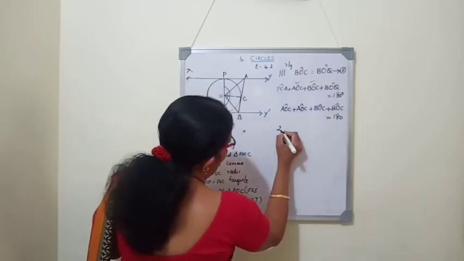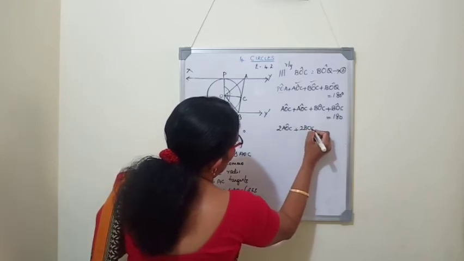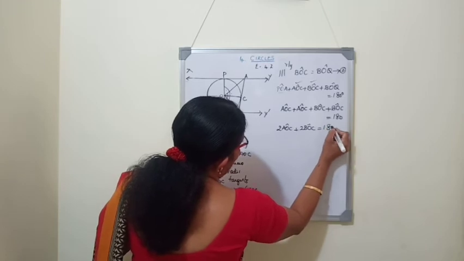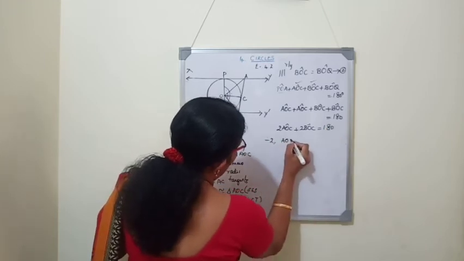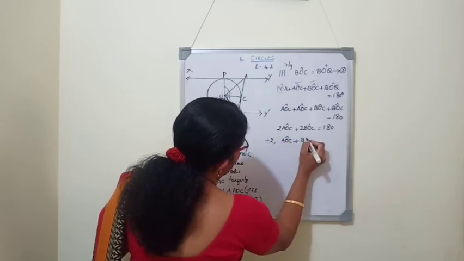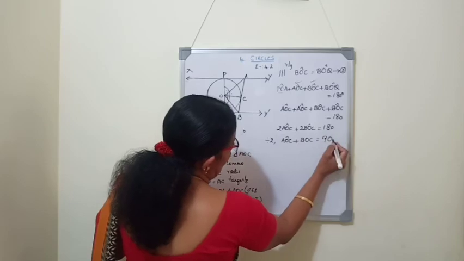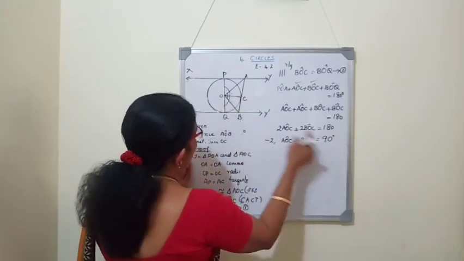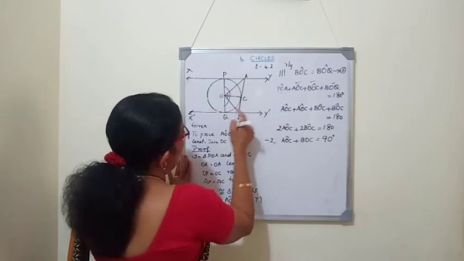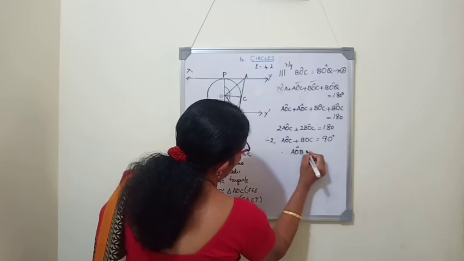AOC plus AOC will become 2 AOC, plus 2 BOC is equal to 180 degrees. Throughout you will divide by 2, we will get AOC plus BOC is equal to 90 degrees. Or you take common and divide on the right side. So AOC plus BOC is 90. What is AOC plus BOC? It is nothing but AOB. Therefore, angle AOB is equal to 90.